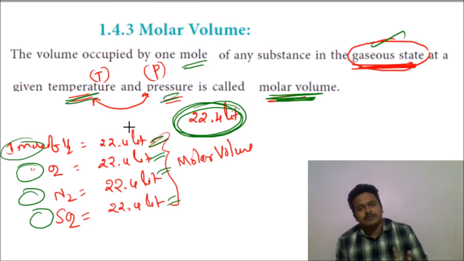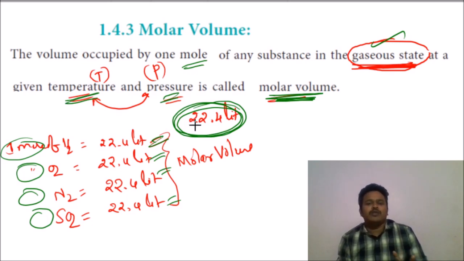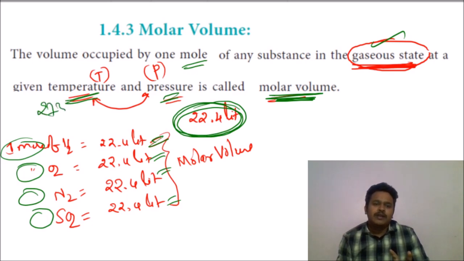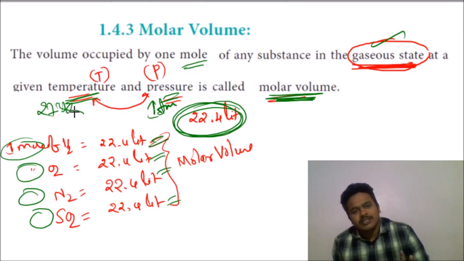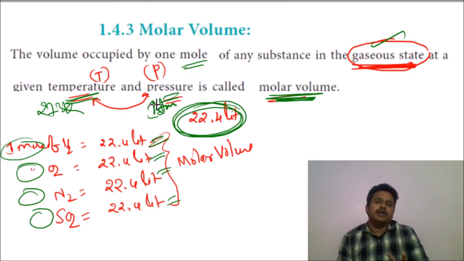To get this 22.4 liters, you have to maintain 273 Kelvin temperature and 1 atmosphere pressure, because these are the standard temperature and pressure conditions, STP conditions.